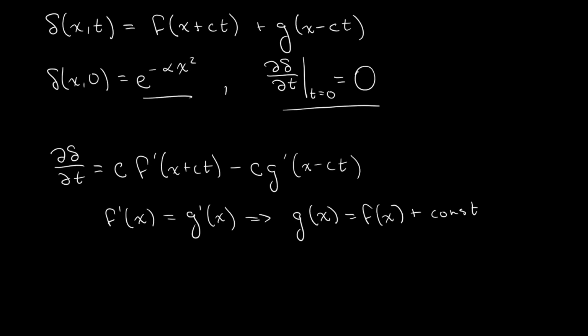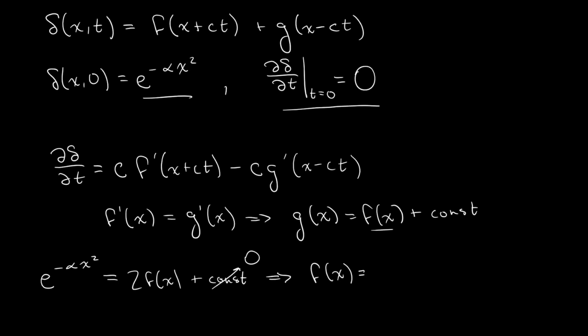And then I use the other condition here: e to the minus alpha x squared is equal to, well, now it's 2 f of x plus my constant. And so I can just set this constant to 0, and f of x is equal to 1/2 e to the minus alpha x squared.